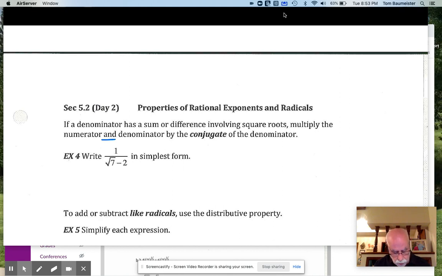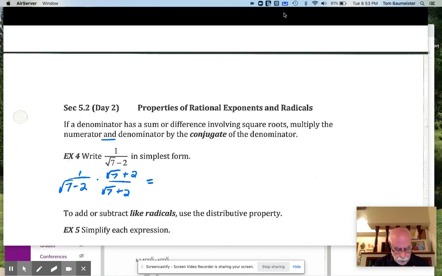So remember, on this one here, I'm going to write it as 1 over the square root of 7 minus 2. And remember, the conjugate of that would be the square root of 7 plus 2. Because remember, what it's going to do is get rid of the radical on the bottom because it's going to give us a difference of squares.